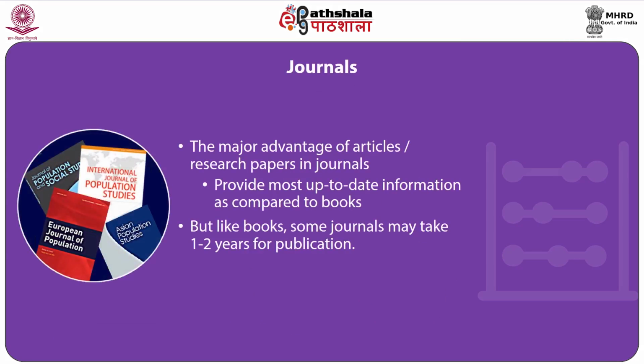The major advantage of articles and research papers in journals is that they provide the most up-to-date information as compared to books, but here too some journals take 1 to 2 years for publication.